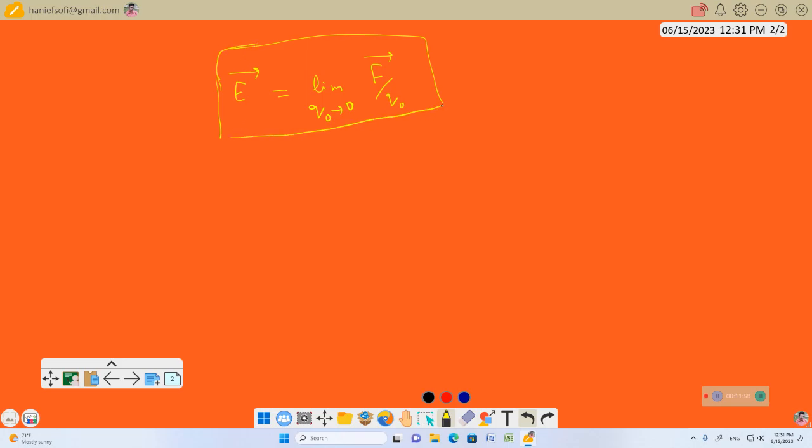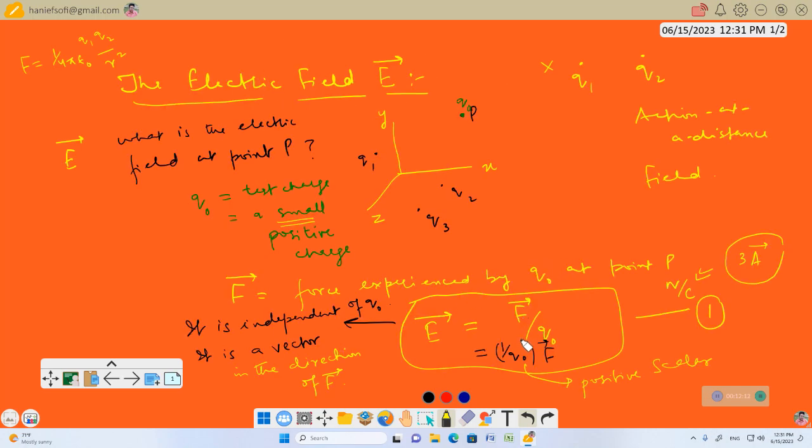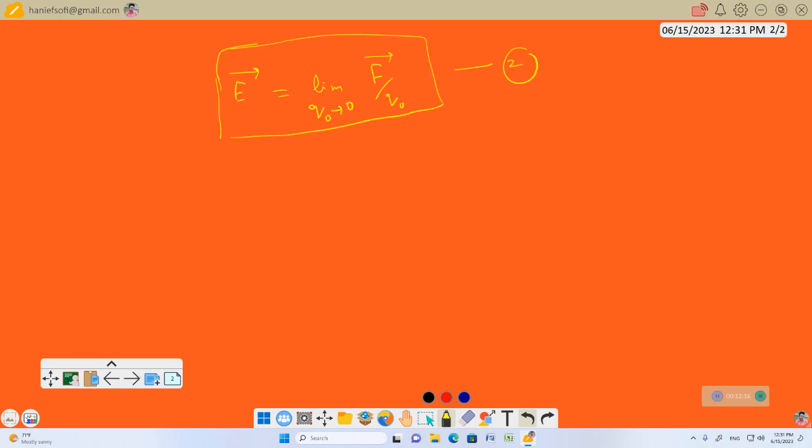I explained to you that the distribution of the source charge should not get affected by the test charge. So the test charge is to be taken small, approaching 0, in order to find the electric field at a point. Sometimes you write equation 1 for the definition of electric field at a point, sometimes you write it more precisely this way, indicating that the test charge is to be taken very small.